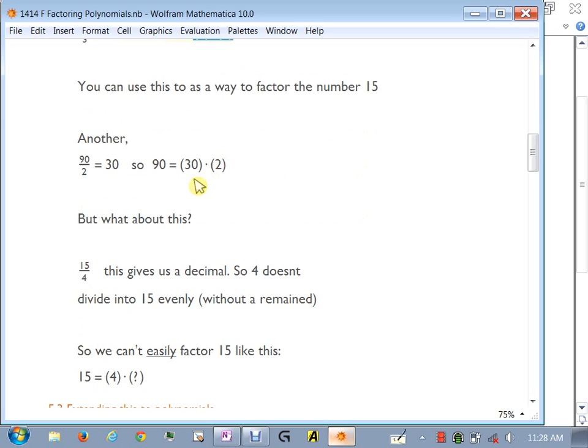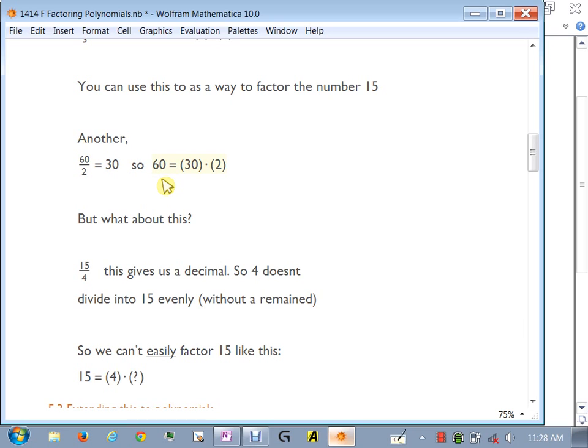Okay, here's another one. 90 divided by 2 is not 30. I need to fix that. So I either change that to a 6 or I change the other one to a 45. I told you it's going to get crazy.